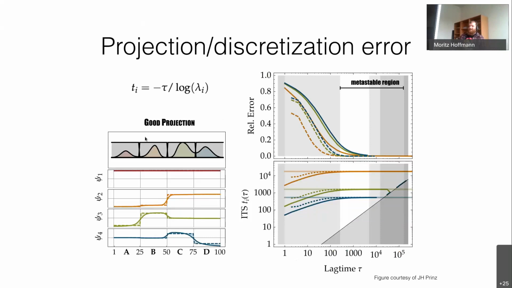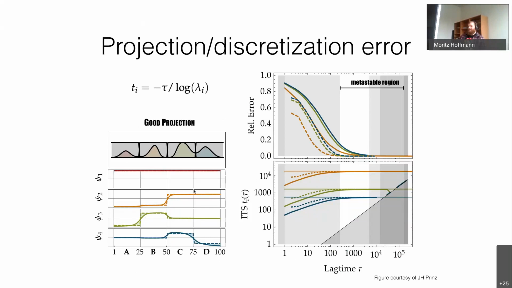So here we have the discretization that I showed before into the states A, B, C, D, but we could choose any other discretization, right? And then we have the eigenfunctions, psi 1 to 4. The first one doesn't do anything.